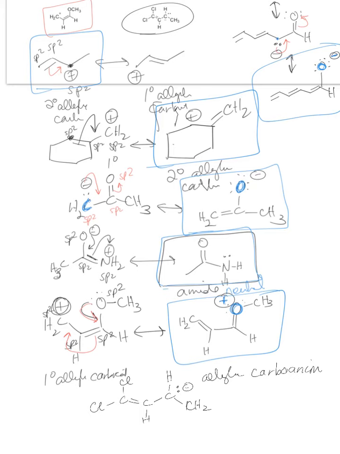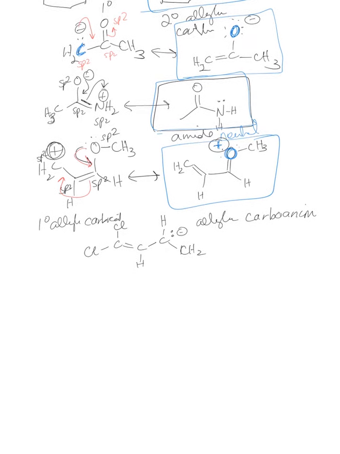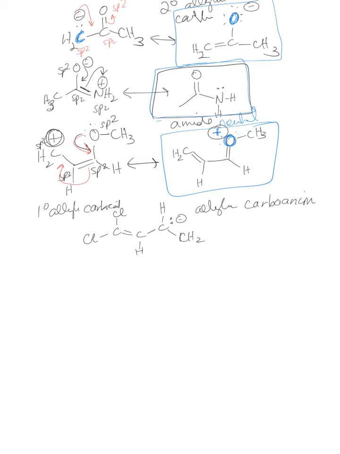So let's see what that does. We're looking for sp2 centers, so this is sp2, this is sp2, and this is sp2. So these electrons can go from here to there to that carbon. So put those electrons there.